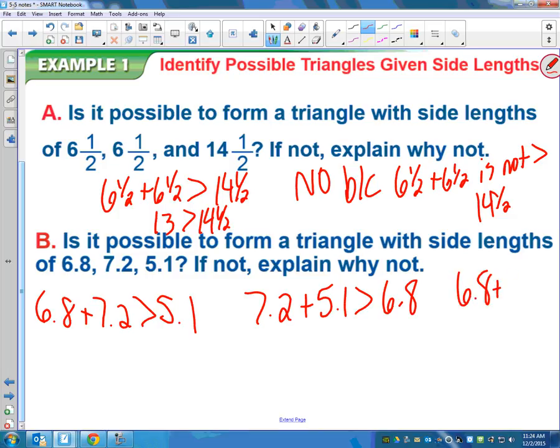Is 6.8 plus 5.1 bigger than 7.2? Do you really have to work all those out to know? You can kind of just tell, right? Well, 6 and 7 are both already bigger than 5, so you know that would work. 7 plus 5 is 12, bigger than 6. 11 is bigger than 7. So since all of those are true, say yes.